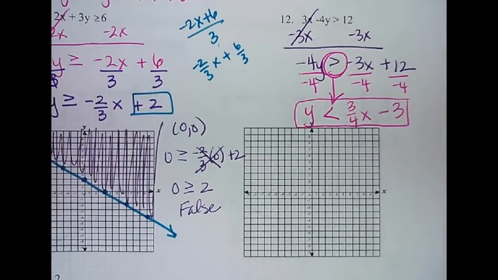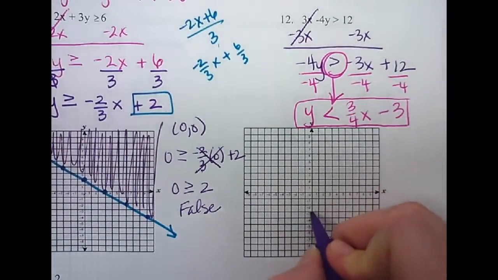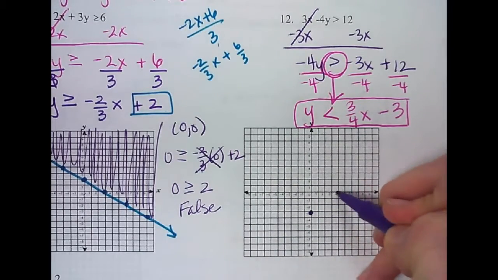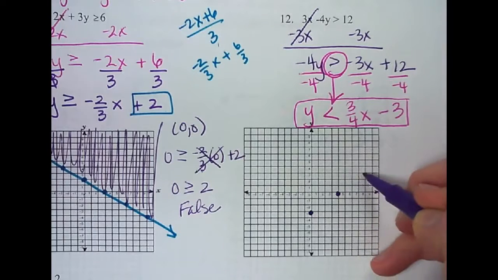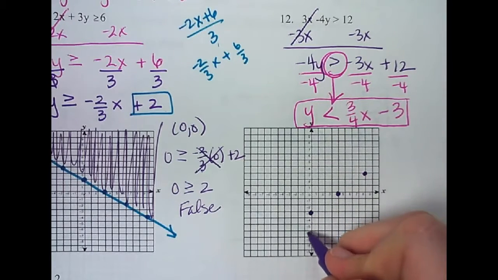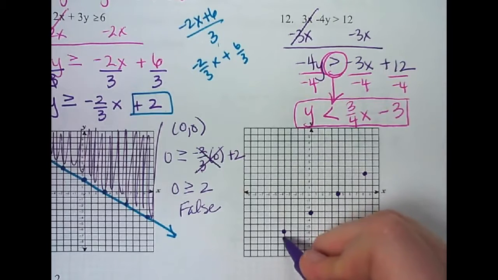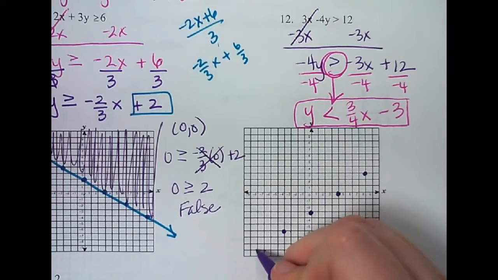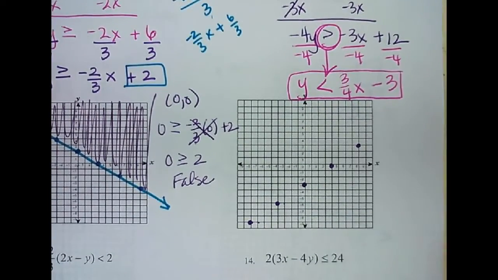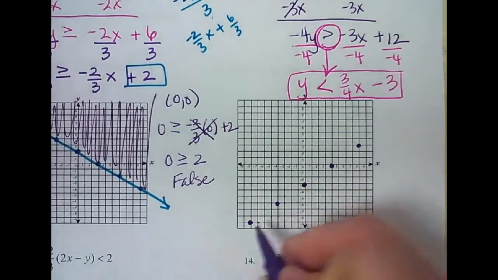So I start at negative 3, up 3 over 4, up 3 over 4. Is it dashed or solid? It's dashed.